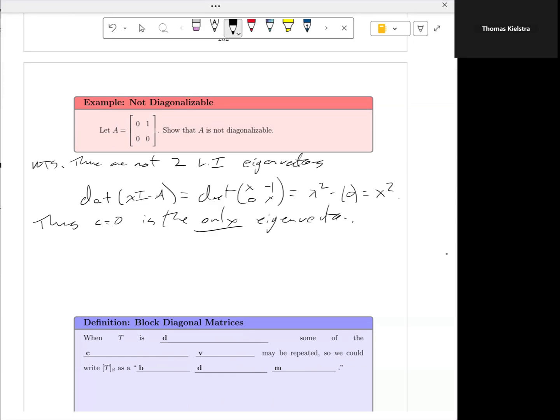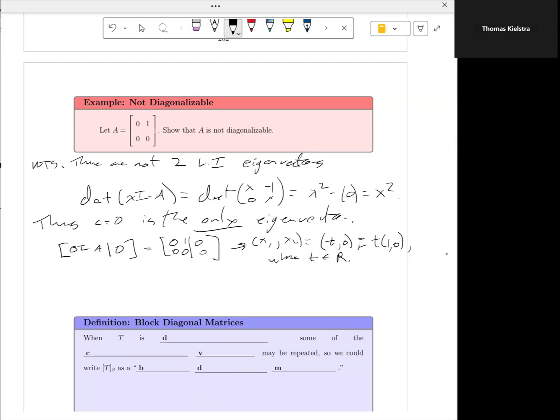Thus, c equaling 0 is the only characteristic value. Now we solve 0I minus A, setting it equal to 0. This equals the matrix 0, 1, 0, 0 applied to the vector with 0, 0, which implies that x1, x2 equals t times 1, 0, where t is an element of the real numbers.